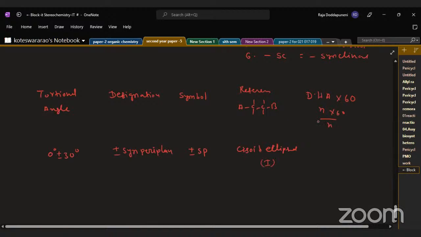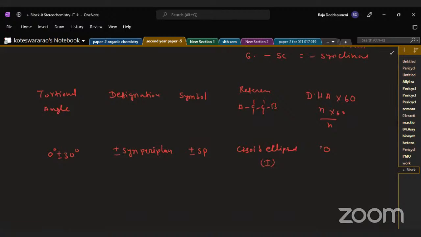Now the dihedral angle is a multiple of n. It is 0, 0 into 60. The dihedral angle is 0. The dihedral angle into 60 is equal to, the angle is multiplied with 0. Therefore, the dihedral angle becomes also 0. Right?